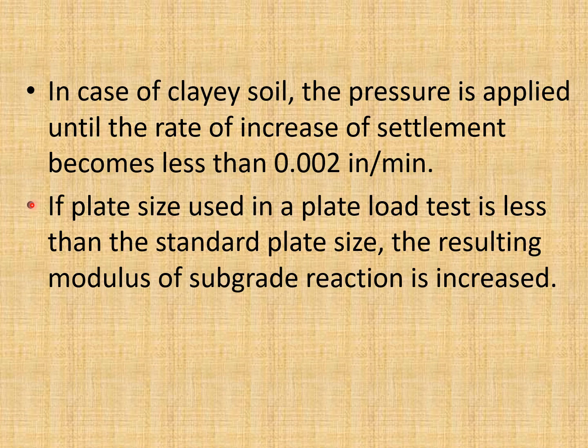So in that particular case you would see that the settlement, average settlement, will be less. The formula for the modulus of subgrade reaction is P over delta. If delta is less, so obviously you will have an increase in the value of modulus of subgrade reaction. So I will repeat, if plate size used in a plate load test is less than the standard plate size, the resulting modulus of subgrade reaction is increased in that particular case.